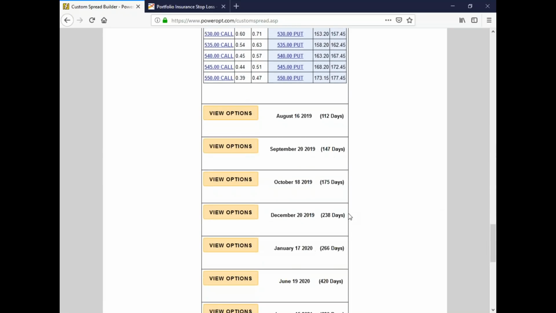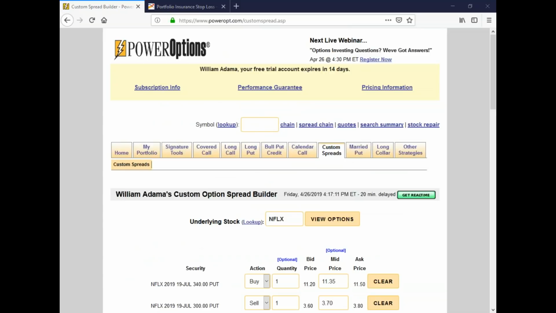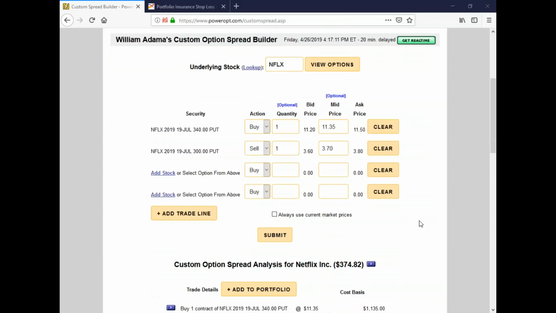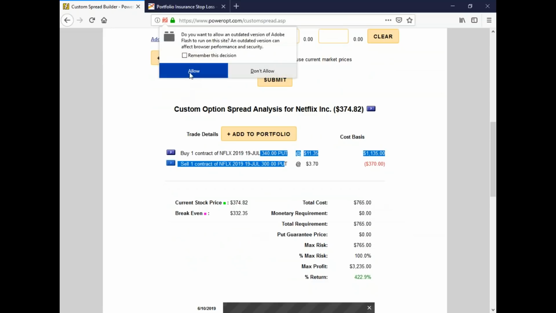Let's take a look. You put in, Thomas, that you're buying that 340 put and selling the 300. Okay. This is going to cost us roughly $765 with a potential 40-point return. If we're doing one contract, it'd be $765.